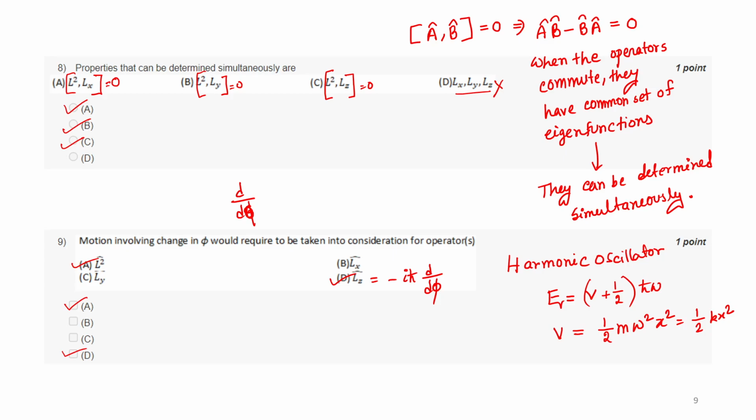Okay. So from here, what I wanted to know, obviously you need to know the Hamiltonian for the harmonic oscillator. So what was the Hamiltonian for a harmonic oscillator? It was a tough one if you remember, right?